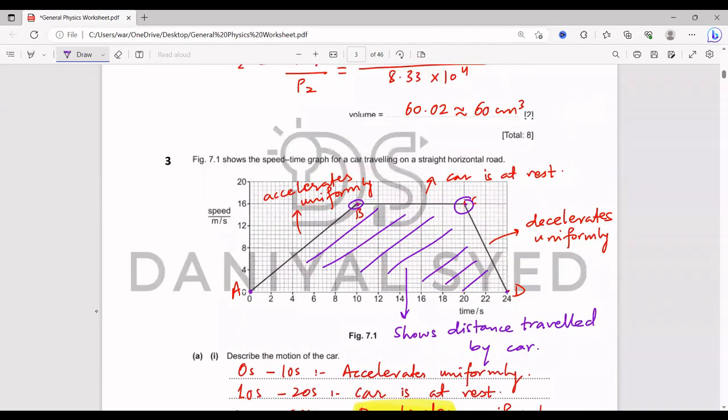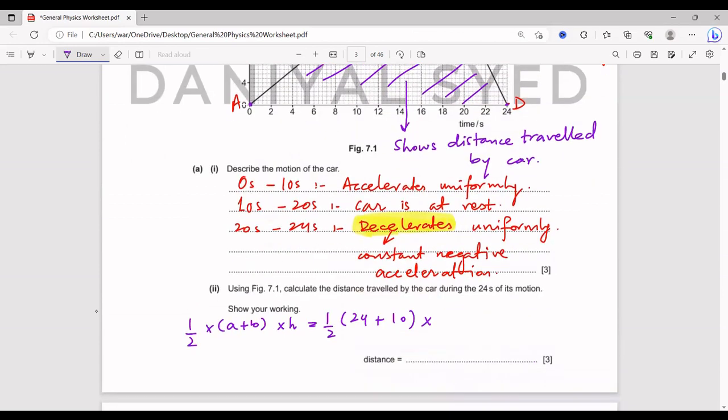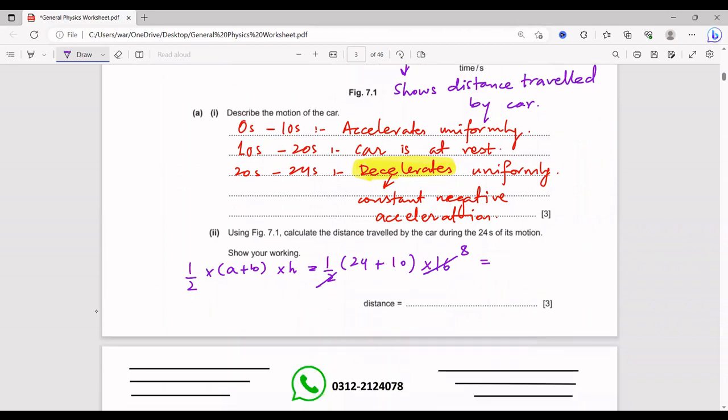The height of the trapezium is 16. So multiply by 16. Half of 16 is 8. 24 plus 10 is 34, times 8. The answer is 272 meters. So 272 meters is the total distance traveled by the car.